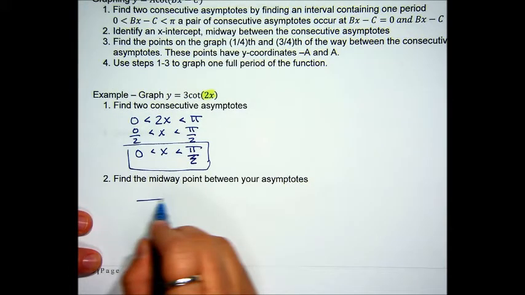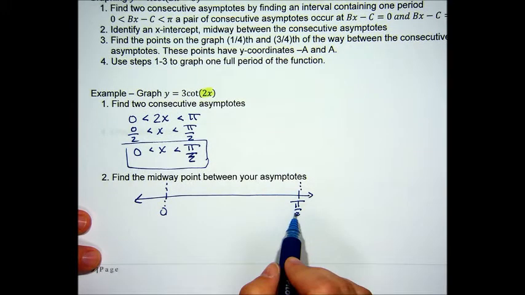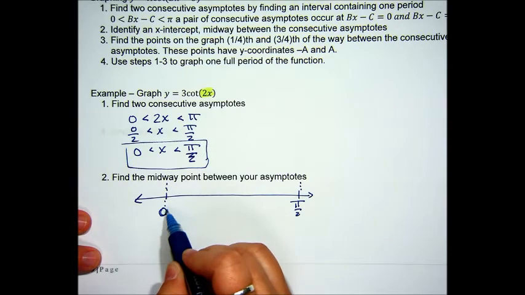Next, I want to talk about finding the midpoint, the 1/4 and the 3/4 of the way through. Easiest thing to do, just set up a number line, mark off your asymptotes, and then start talking about distances. From 0 to pi over 2.